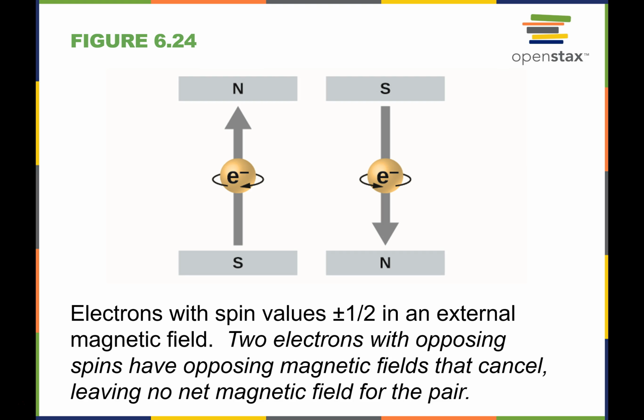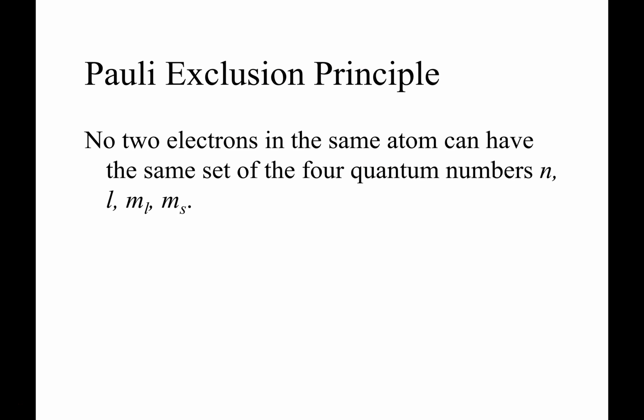Anyway, okay. What else? So Pauli's exclusion principle. It's a wonderful term to throw on your Unit 4 exam if I'm looking for something to see if students know what it means. Doesn't that sound like a good one? And it's exactly what we've been talking about: if you have an atom like carbon, with 6 electrons, we could write the 4 quantum numbers for each of those 6 electrons, and none of them can be entirely the same.